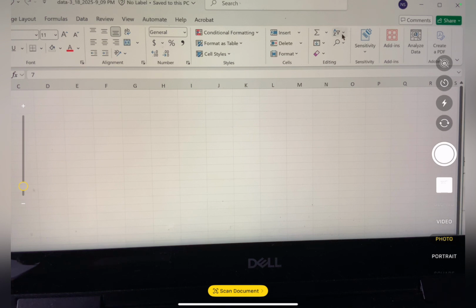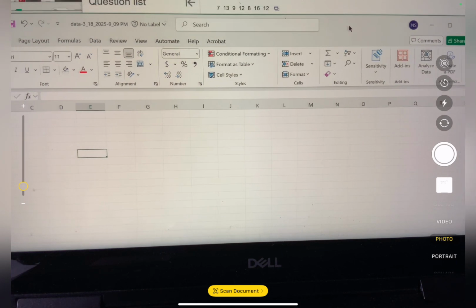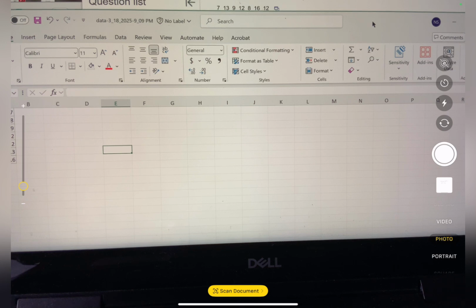Let's arrange in ascending order. So Q1 is the first quartile, at 25%. Q2 is the median, 50%. And Q3 is 75%. So it breaks down into 4 parts, 25, 25, 25.